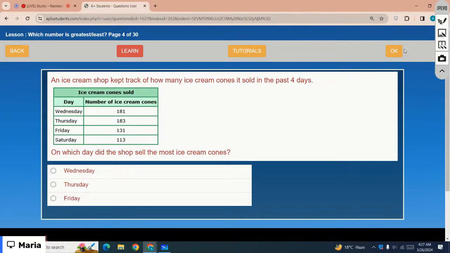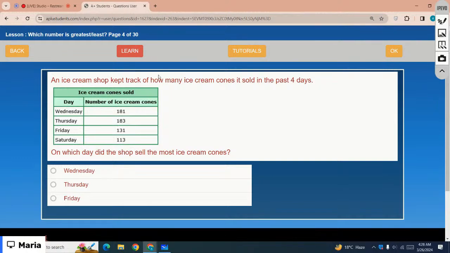So which is the greatest number? 183 is the largest number, right?